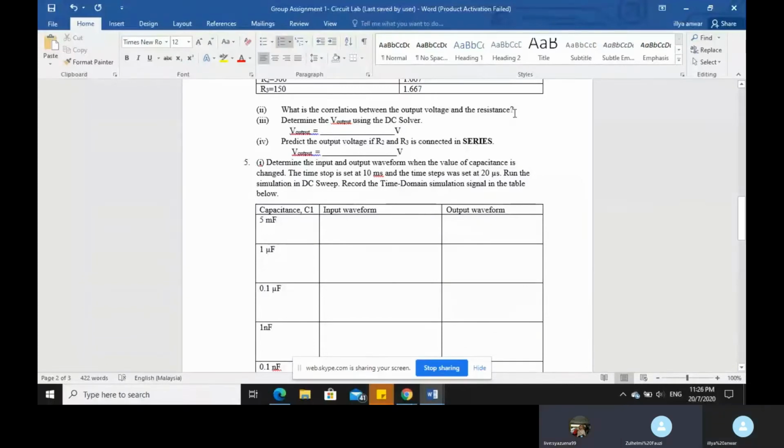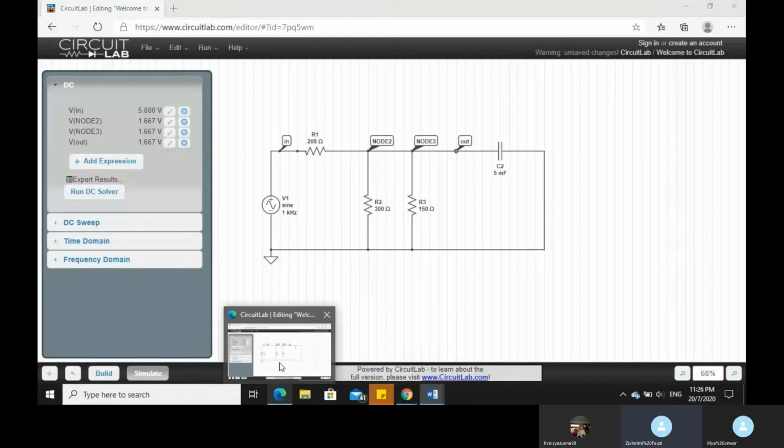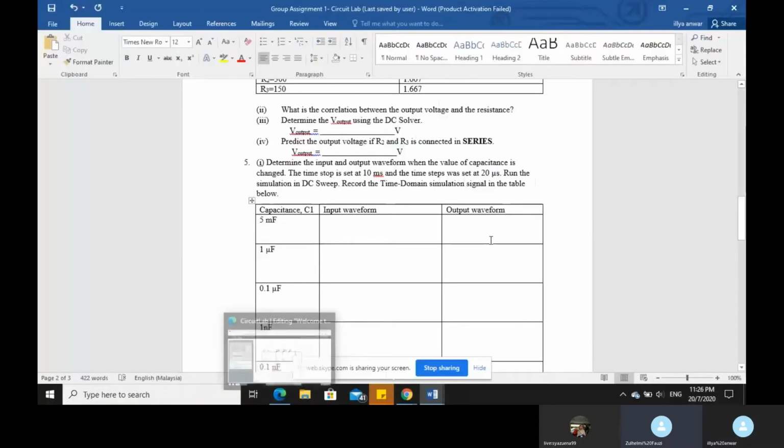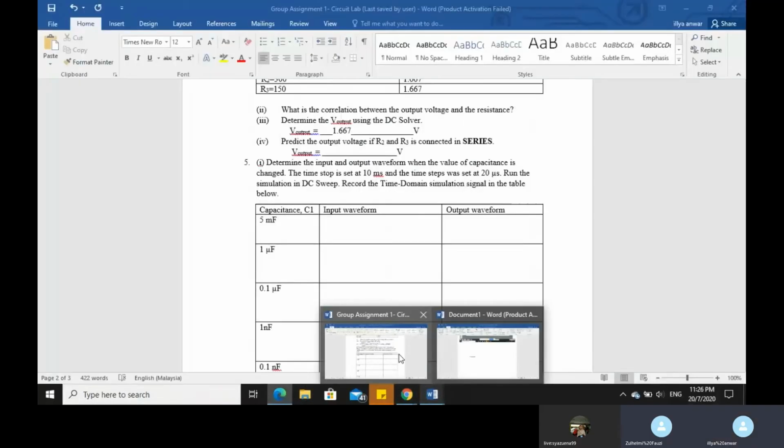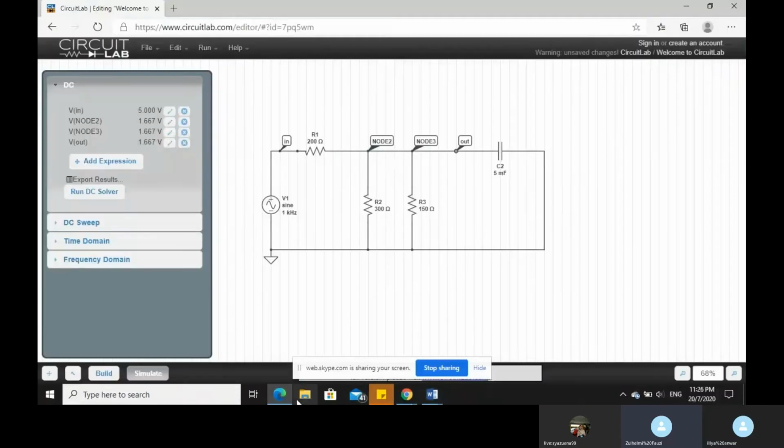For the next question, they ask us to find the V out using the DC solver, and we already used it, and we got the answer for V out is 1.667 volt. And for question number 4, they ask us to predict what the V output is when R2 and R3 are connected in series.